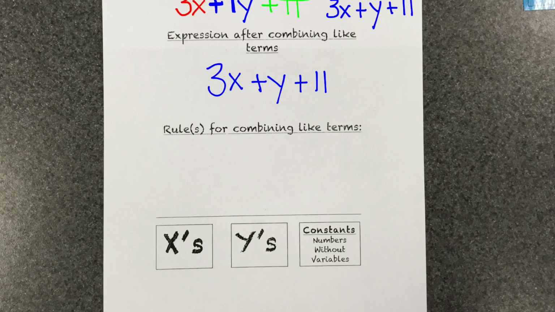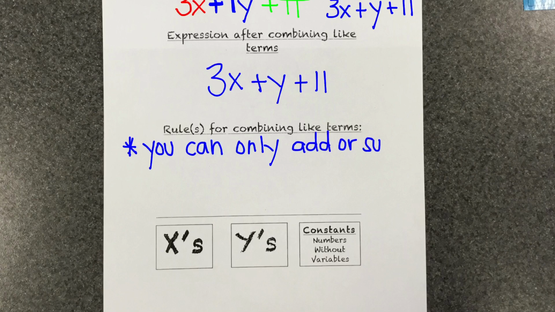So some rules for combining like terms. Okay, here we go. Let's do a little asterisk. Okay, you can only add or subtract terms with the same variable.